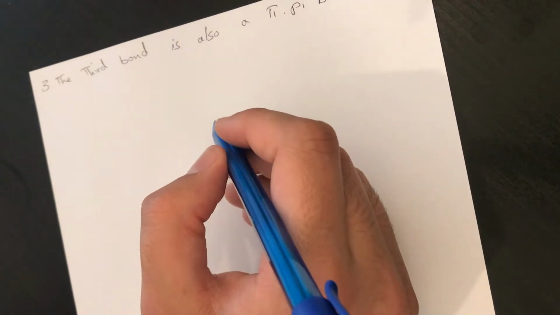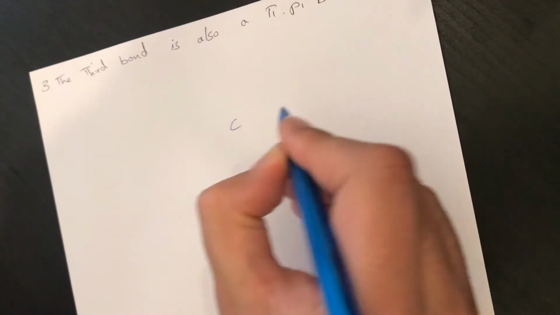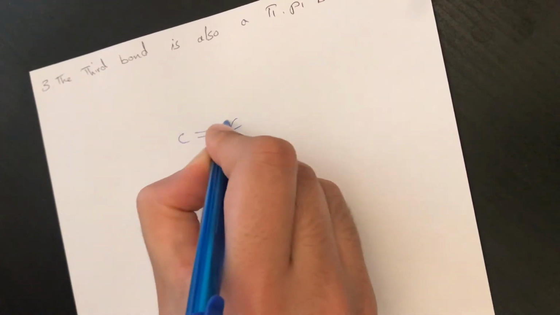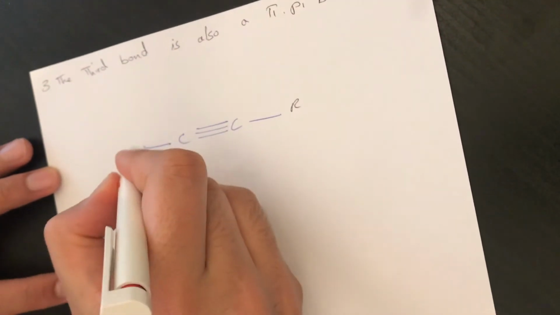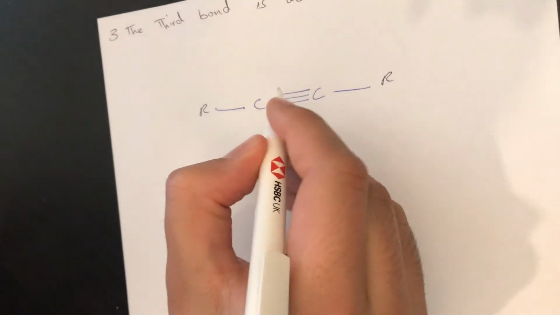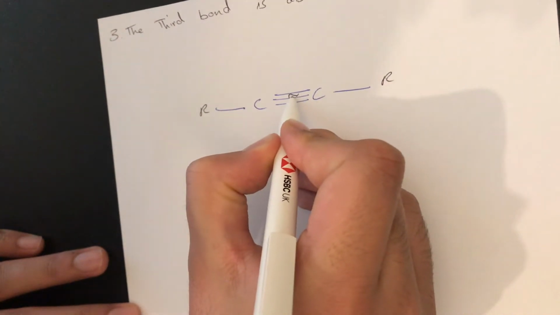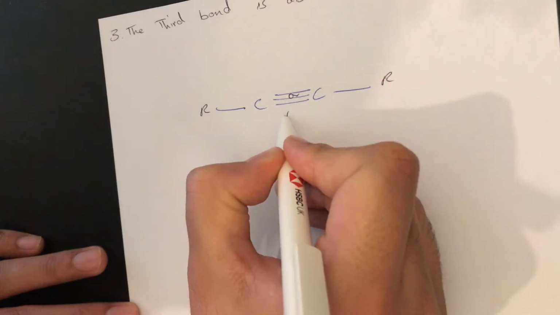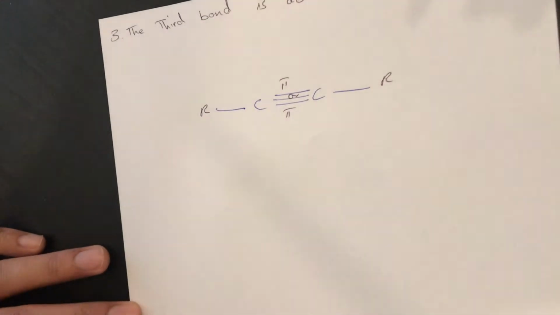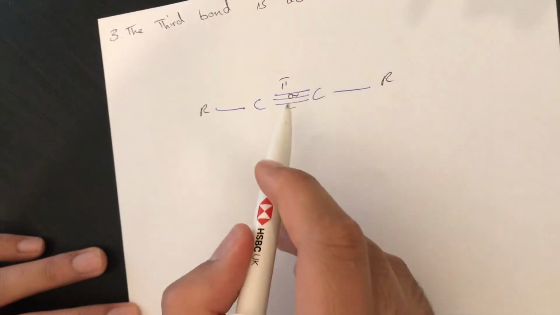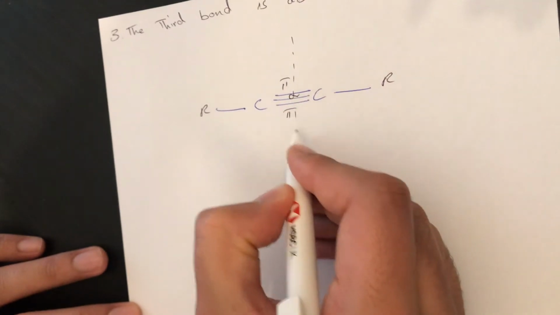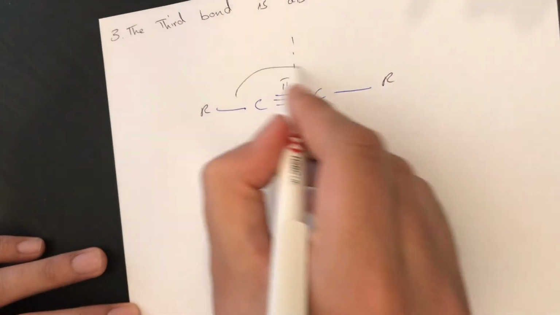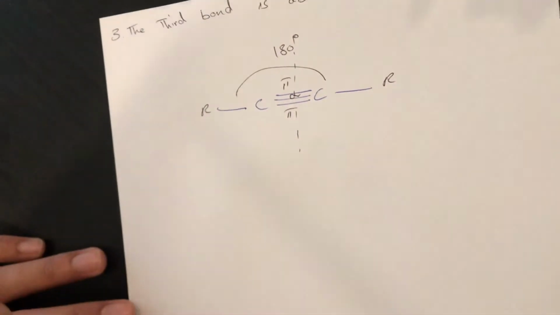This means that, as an example, if you get carbon bonded to another carbon by a triple bond, we consider the first bond, which is the main bond, as a sigma bond, and the other two as pi bonds. If we consider this again, we can put a dot in the middle, and this is a linear shape, we already know that is 180 degrees.